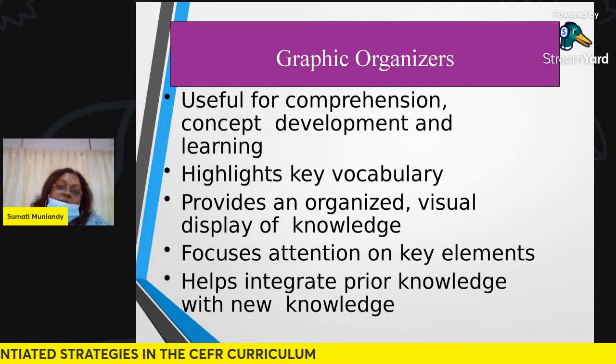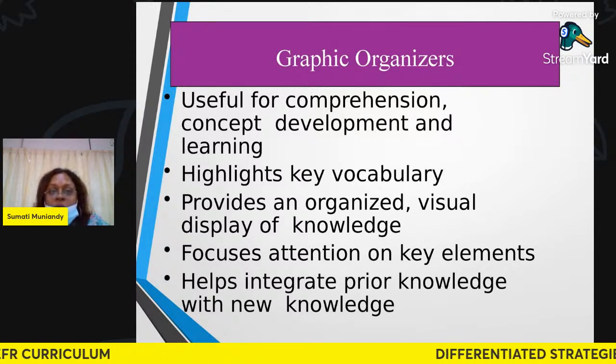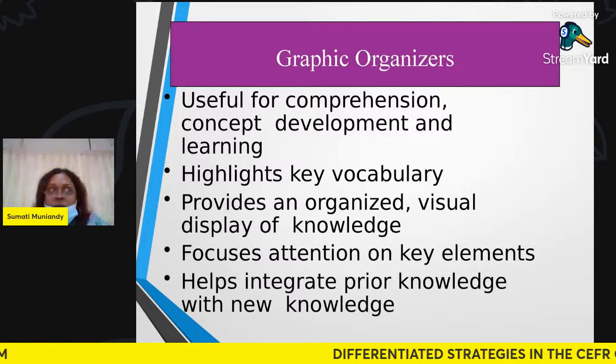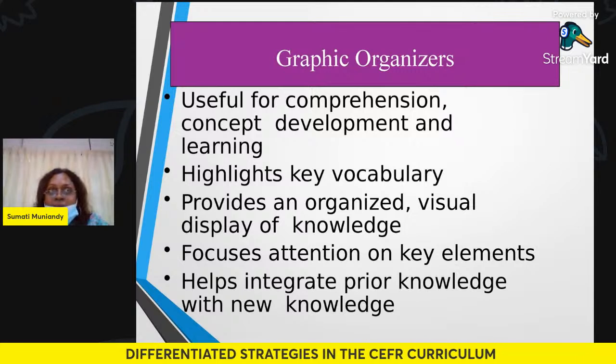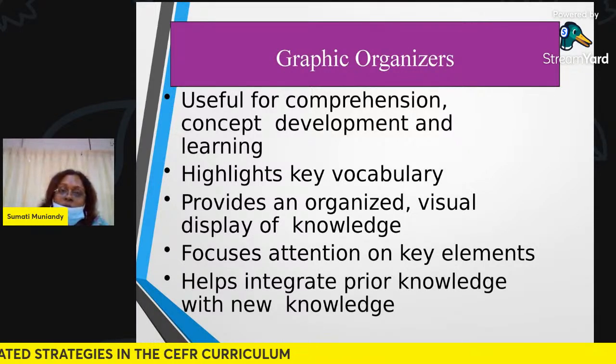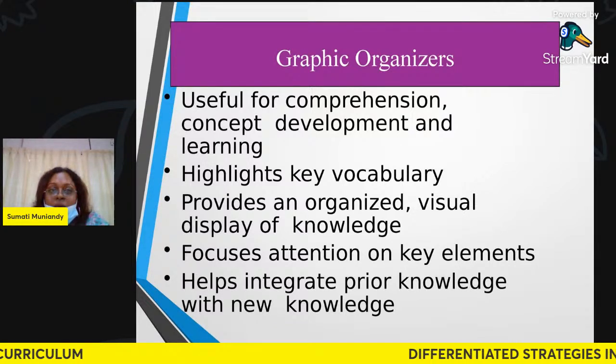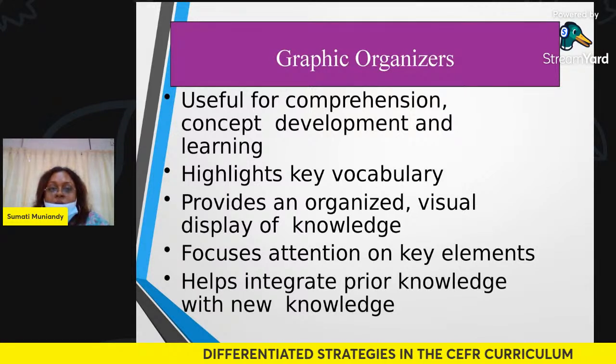Okay, another one is graphic organizers or mind map. You can ask them to do, right? For this one, maybe to cater for high achievers in the classroom, maybe perhaps you can use it also for the low achievers, maybe ask them to highlight the key vocabulary. All right, for high achievers, you can ask them to provide an organized visual display of knowledge.